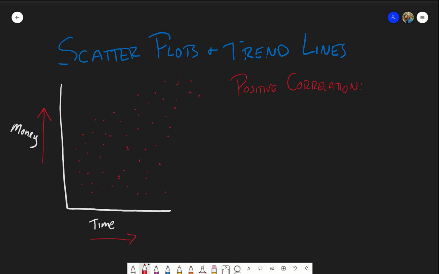And what a positive correlation says is both sets of data increase. Okay, so as this is happening, both sets of data are increasing. Our time is growing and our money is growing. Okay, that would be a positive correlation.